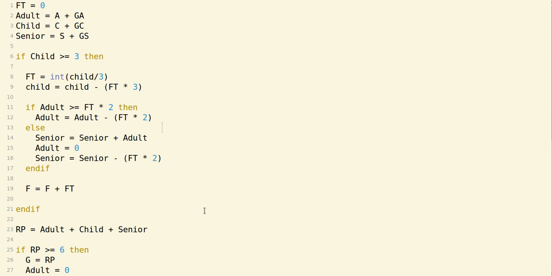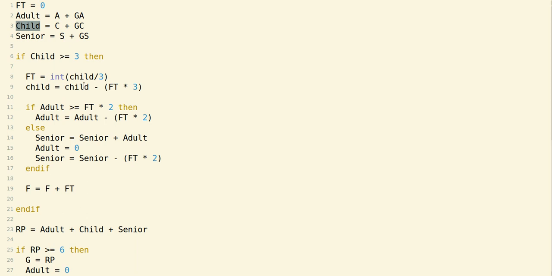Okay, so after checking whether the value of child is greater than or equal to 3 or not, if it is, then we're going to divide the value of child by 3, because for every family ticket we need to deduct 3 from this variable child.